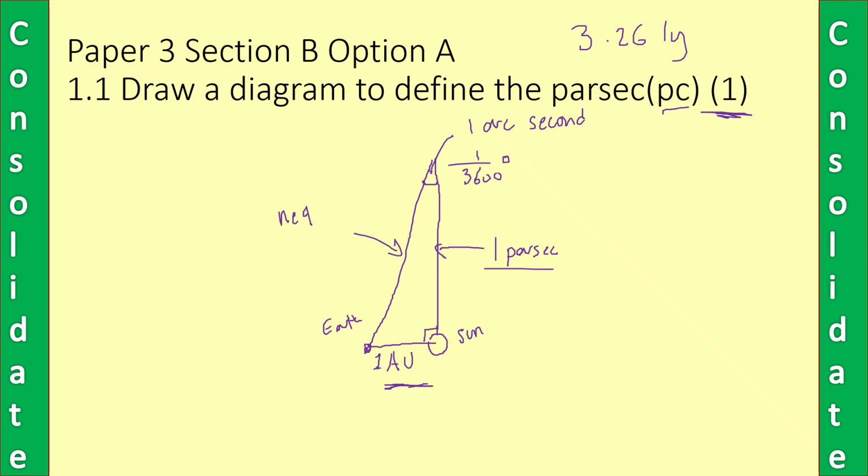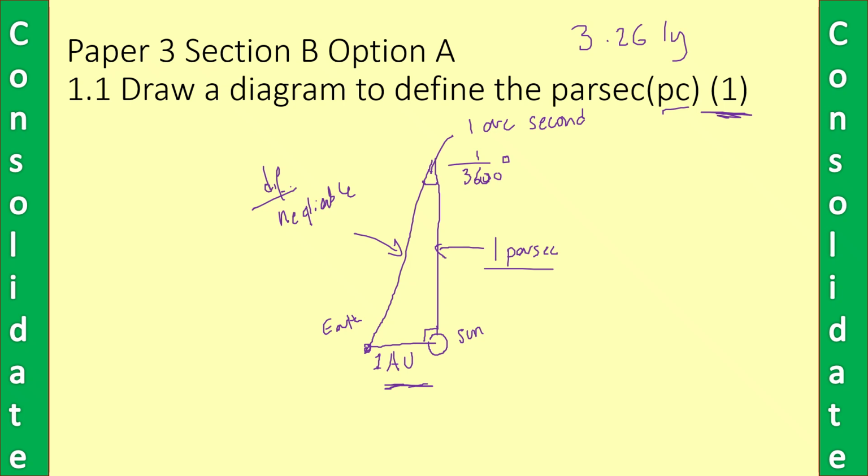So in terms of the exam paper, it will allow you to have either of these sides labelled as a parsec, but by definition, technically, it's the distance from the sun to an object where the parallax angle is 1 over 3,600 of a degree.